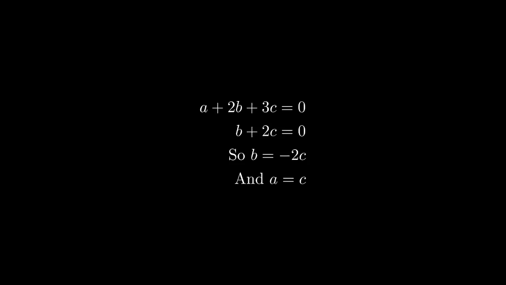B equals negative 2c, you just move the 2c over. Sorry, I was getting ahead of myself. So you have a, and then you subtract the first line minus 2 of the second line. Then you'll get a minus c equals 0, so a equals c.